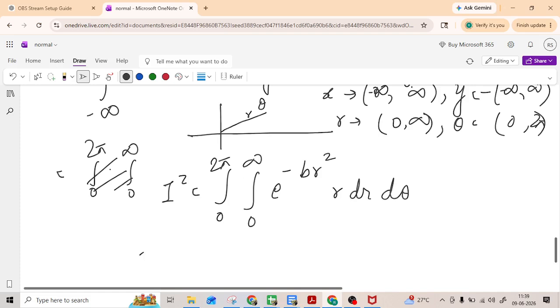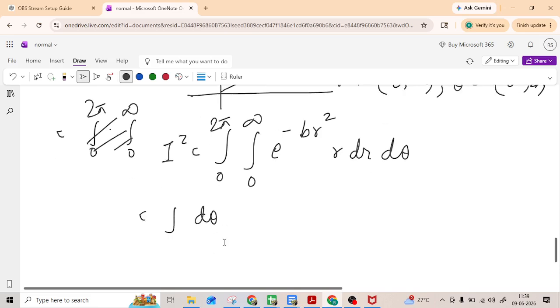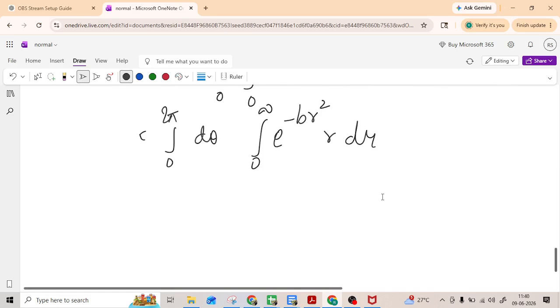So let's do this. We'll write d theta, 0 to 2 pi, and then this guy 0 to infinity e raised to the power minus b r square r dr. And this d theta 0 to 2 pi would be nothing but theta only, 2 pi to 0, and then this still remains 0 to infinity.